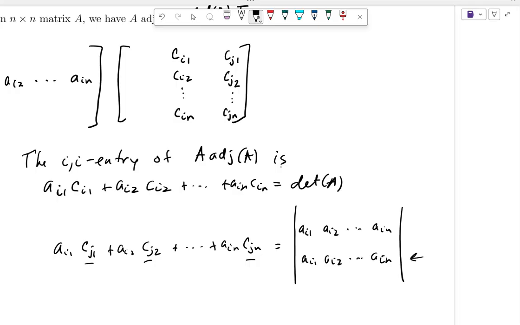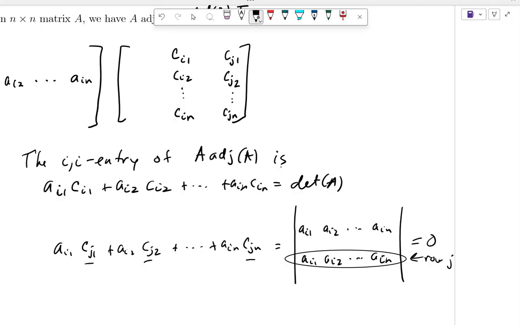This is say row j. If you expanded along this row, you would get those cofactors, right? It would be the exact same cofactors, because when you do your cofactors, you eliminate a row and column, but you're left with the exact same matrices otherwise. What's the determinant of that matrix on the right-hand side? I've got 2 identical rows. If you have a matrix with 2 identical rows, what's its determinant? 0, yeah.